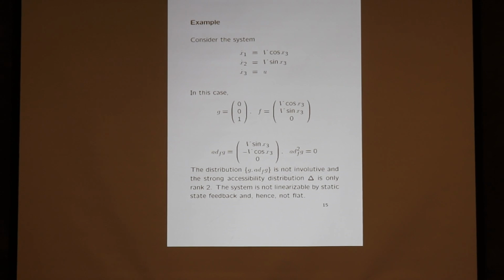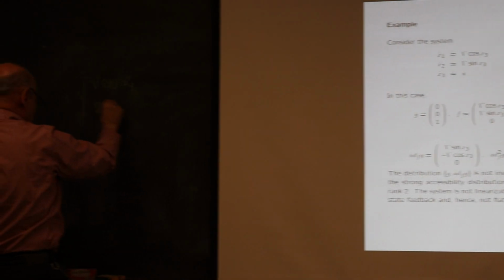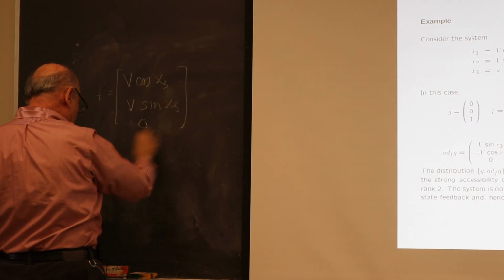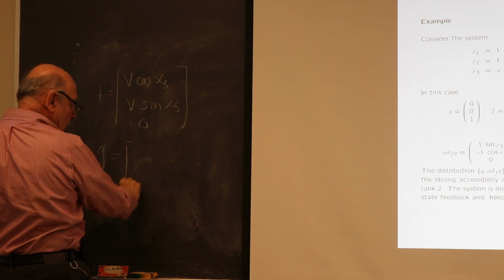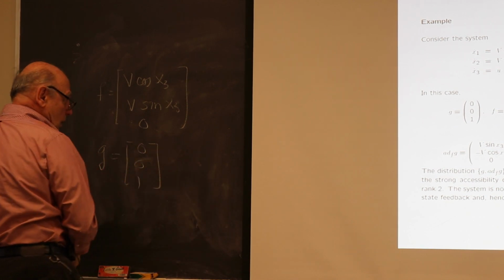So here you would have a constant scalar times cosine of x3 and a constant scalar times the sine of x3 and 0 here. And g would be something like 0, 0, 1, right? Because the control enters the last equation.